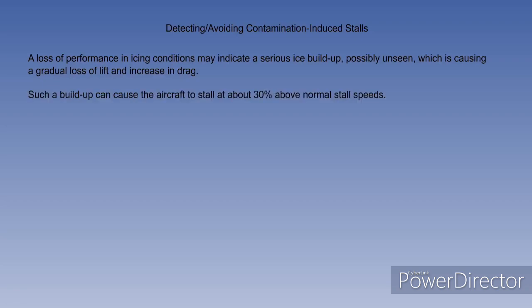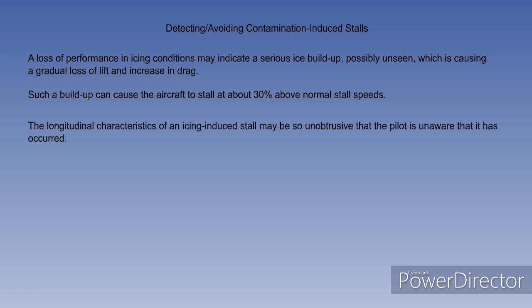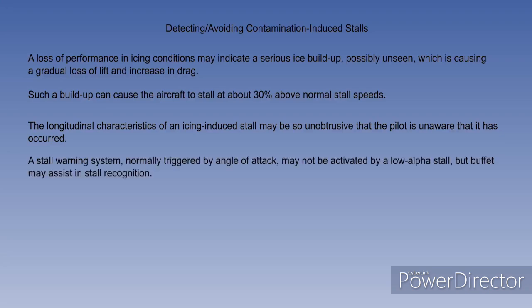Such a buildup can cause the aircraft to stall at about 30% above normal stall speeds. The longitudinal characteristics of an icing-induced stall may be so unobtrusive that the pilot is unaware that it has occurred. A stall warning system, normally triggered by angle of attack, may not be activated by a low alpha stall, but buffet may assist in stall recognition.